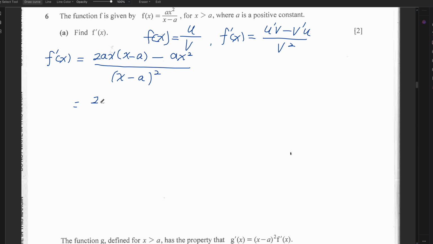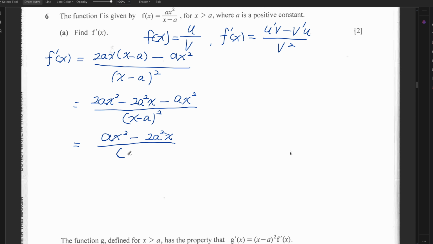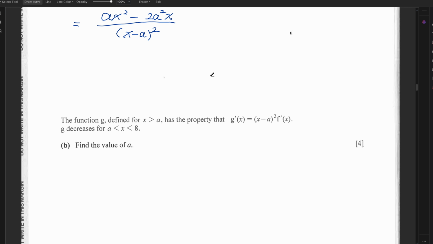We have 2ax squared minus 2a squared x minus ax squared, divided by the same thing, copy down. We have ax squared minus 2a squared x divided by (x minus a) squared. Go on to part B.